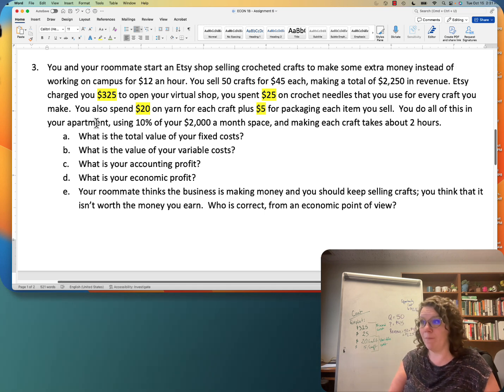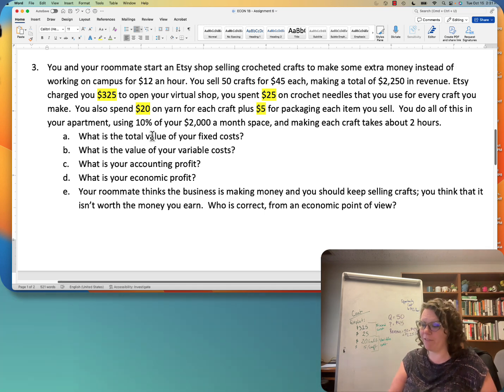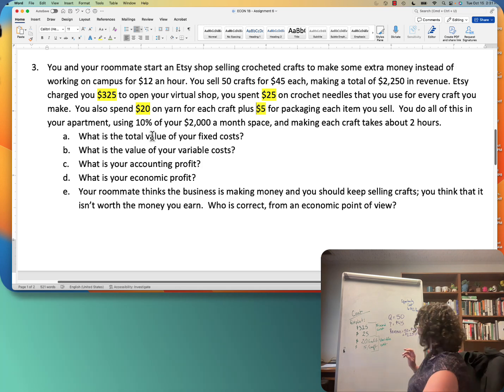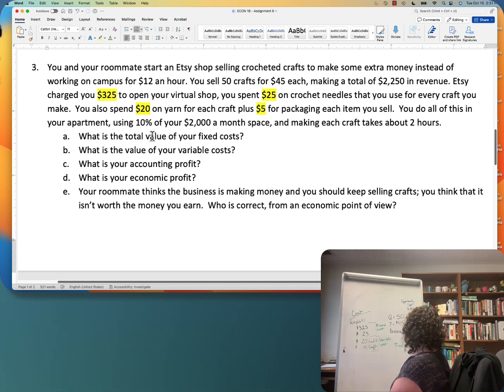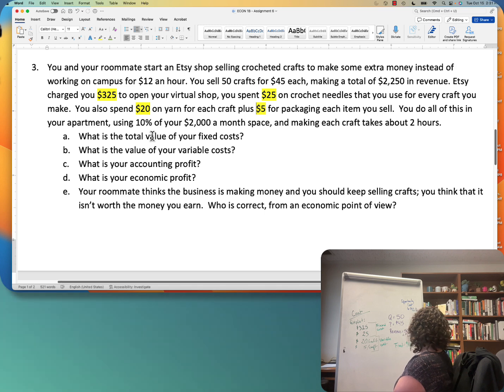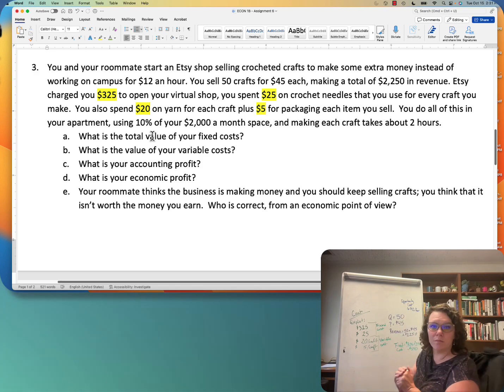So far, so good? So if I want to go through and find the total fixed costs, our fixed costs are going to be $325 plus $25, or our fixed costs are $350. So far, so good?